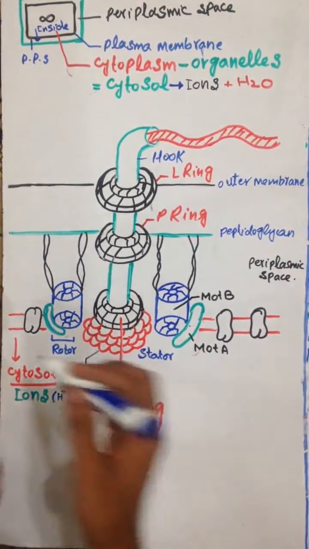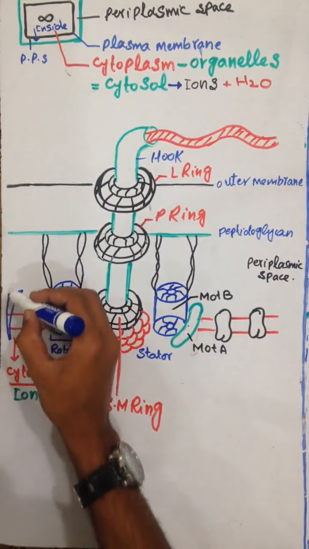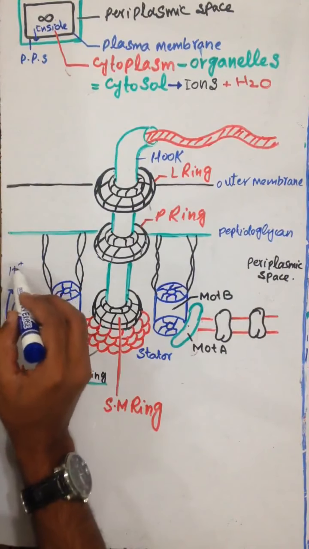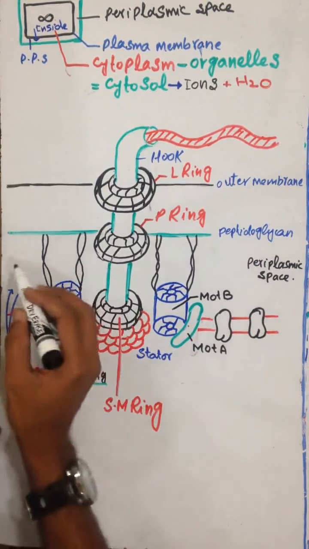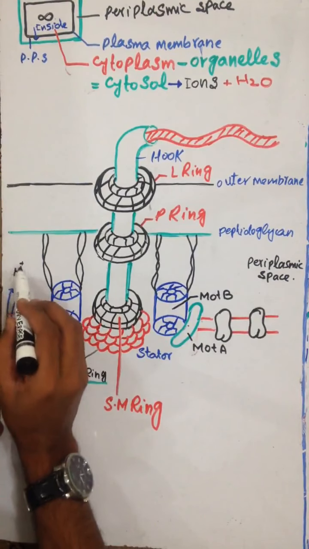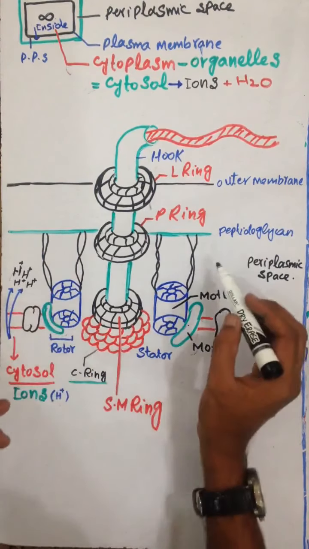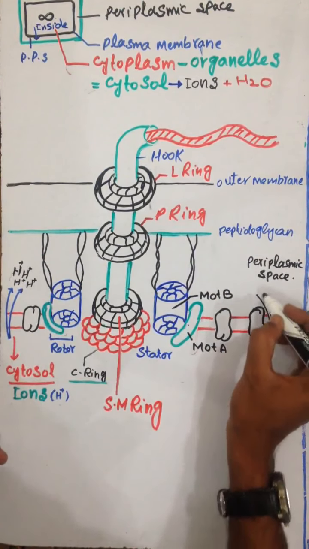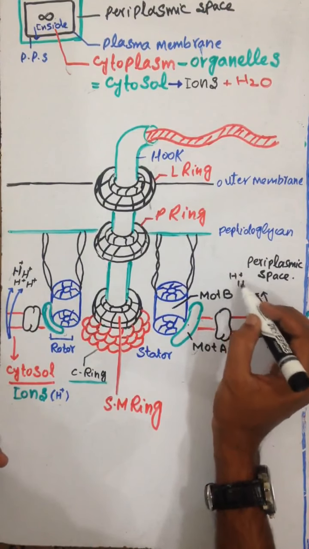Listen carefully. When there is abundant pumping of hydrogen ions from the cytosol into the periplasmic space, there will be an increased concentration of hydrogen ions in the periplasmic space.